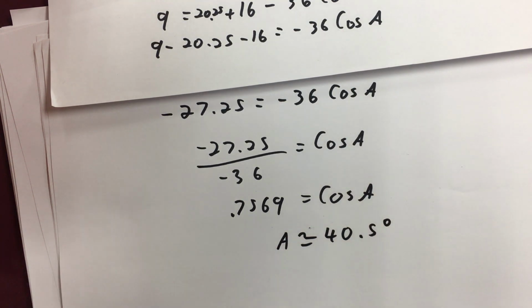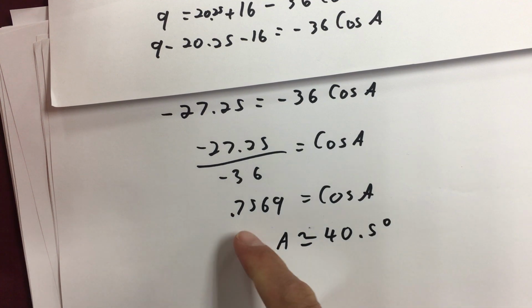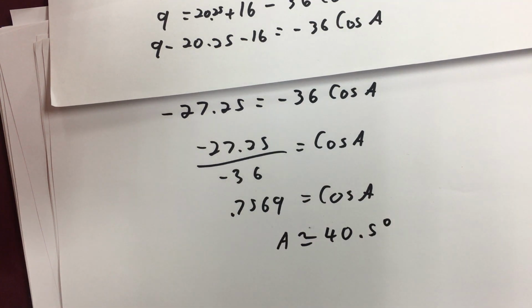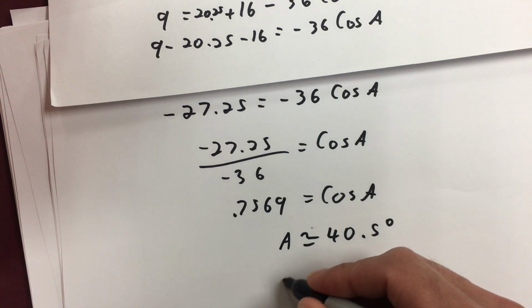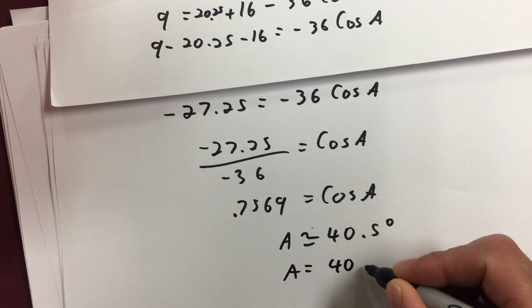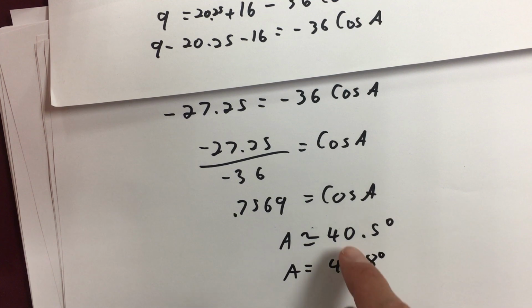Now you can use your calculator and do the inverse cosine of 0.7569 to get a more accurate answer. It's actually 40.8. So I got this estimate using a table and this more exact answer by using a calculator.